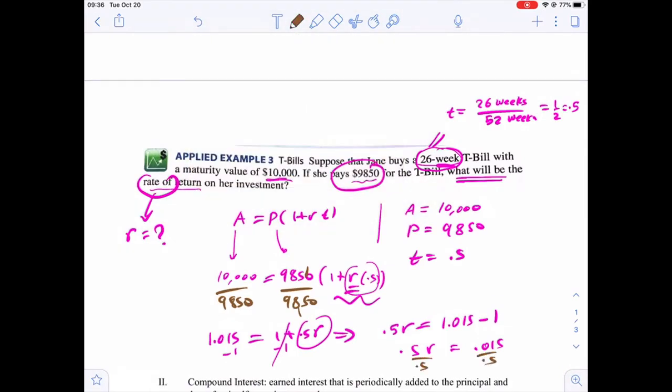We divide by 0.5, and we have R equals, calculator. Now you can use the calculator to find this amount. Now we have 0.015 divided by 0.5, so it's 0.03. This is the interest rate.